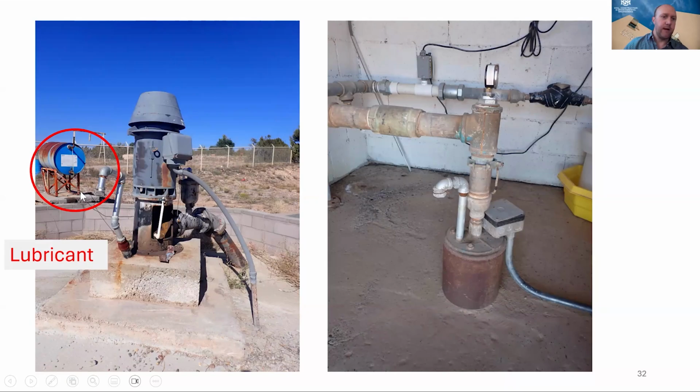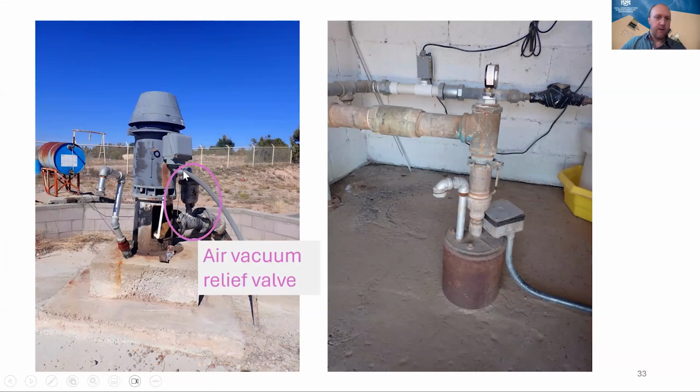And this is food grade lubricant because of course it could come in contact with the drinking water. So be sure that there's food grade lubricant that is being used to lubricate that shaft that goes down to those impellers.